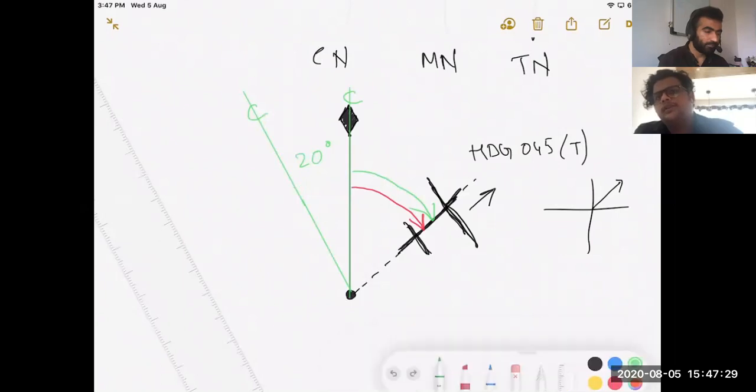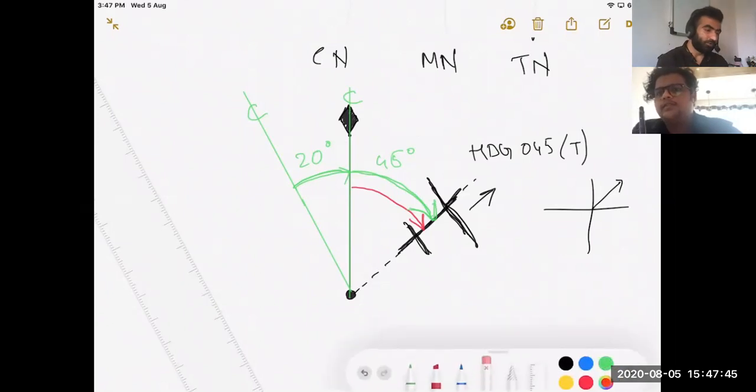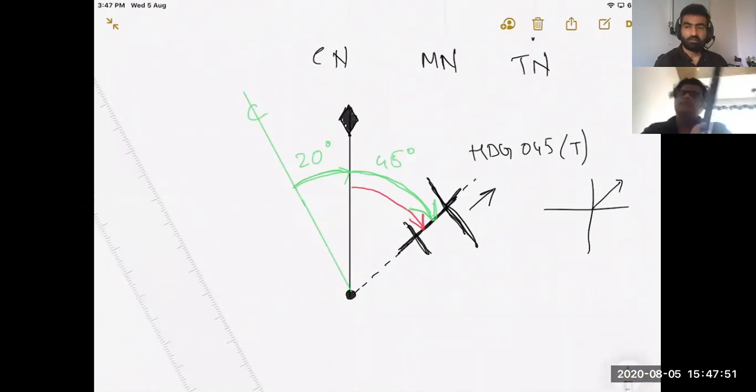Now it makes sense. 20 plus 45, total 65. So this is the compass north, and we will delete the old compass north. At one point, there will only be one compass north.